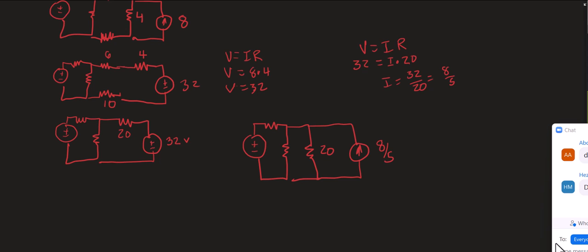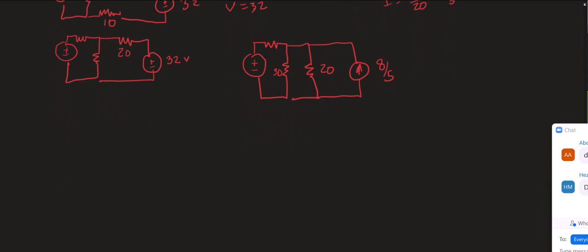And this resistor was 30 ohms. So now I can combine the 30 and 20 ohm resistor with product over sum. So 30 times 20 over 30 plus 20 equals 600 over 50, which is 12.